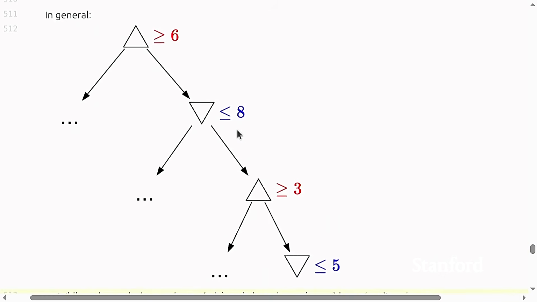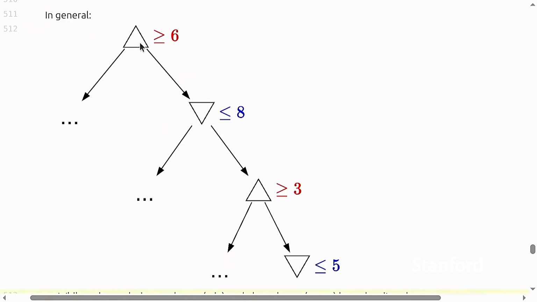So in general, when we're doing a search, computing min-max, I'm going to be at some node here, and intuitively, for every node, I'm going to have an interval or bounds.